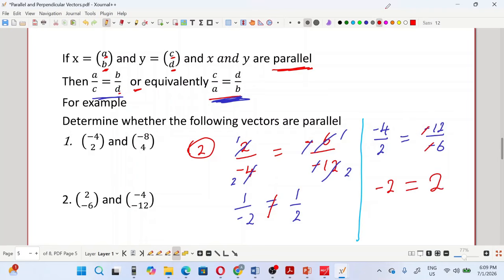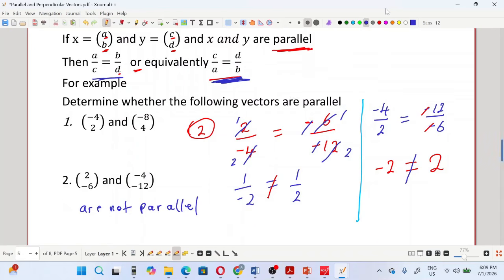And negative 2 is not equal to 2. Therefore, these two vectors are not parallel, right? But the first one is parallel.